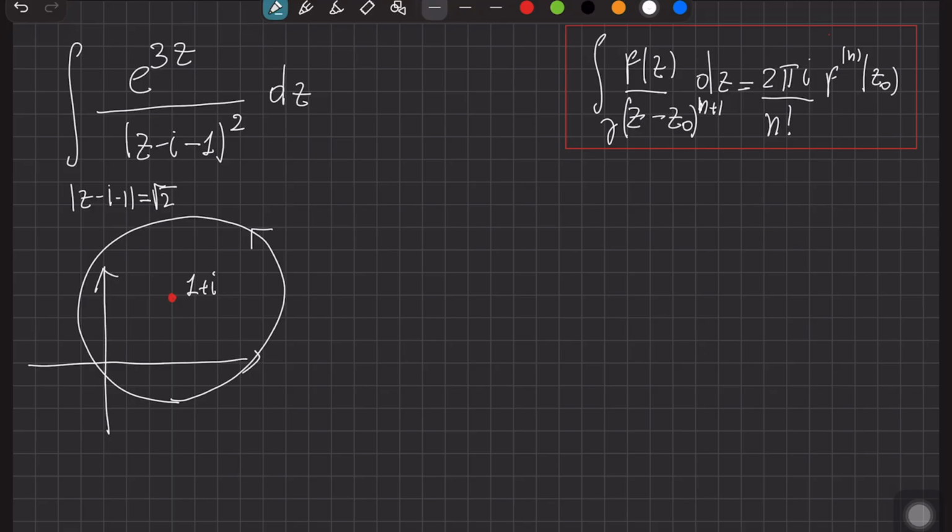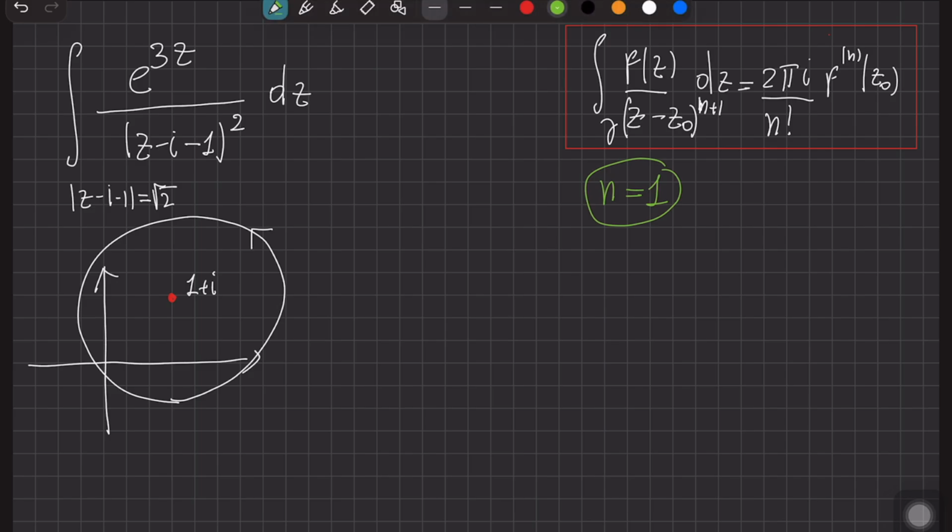So the generalized Cauchy formula tells us that if I have an analytic function f of z, and here I have an analytic function, e to the 3z, divided by z minus z0 to the power n plus 1, and in this case I have z minus z0 to the power 2, so for me n is going to be equal to 1. Then this integral along this closed loop is equal to 2 pi i over n factorial times the nth derivative of my function evaluated at z0.